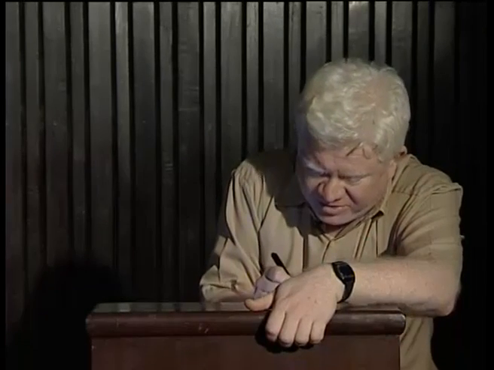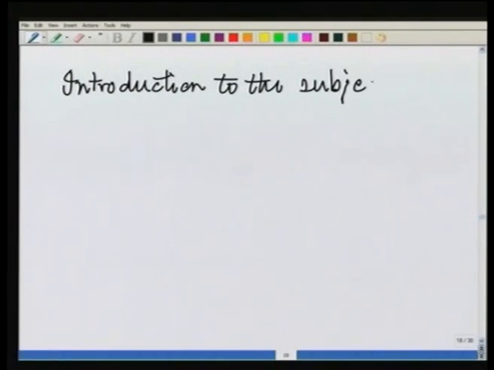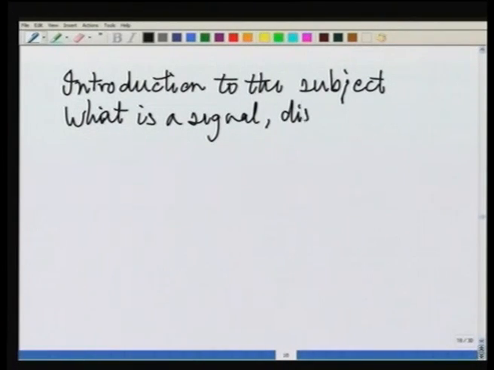We have had an introduction to the subject, we have had a discussion of what is a signal, discrete and continuous time, examples, etc., systems, introduction.